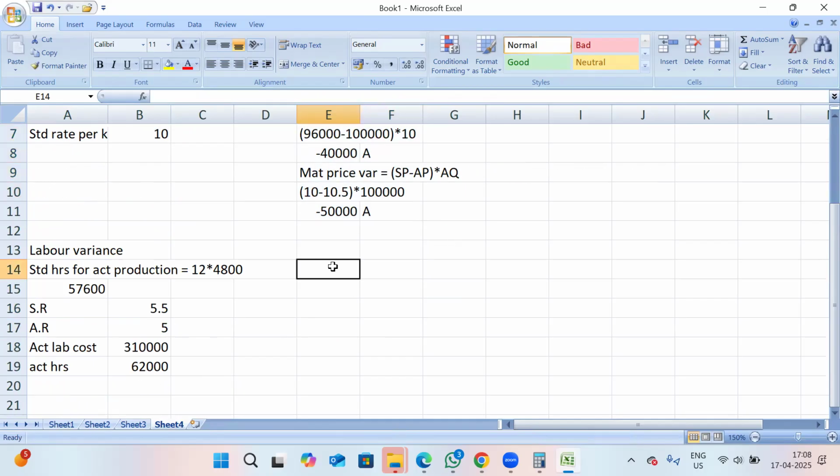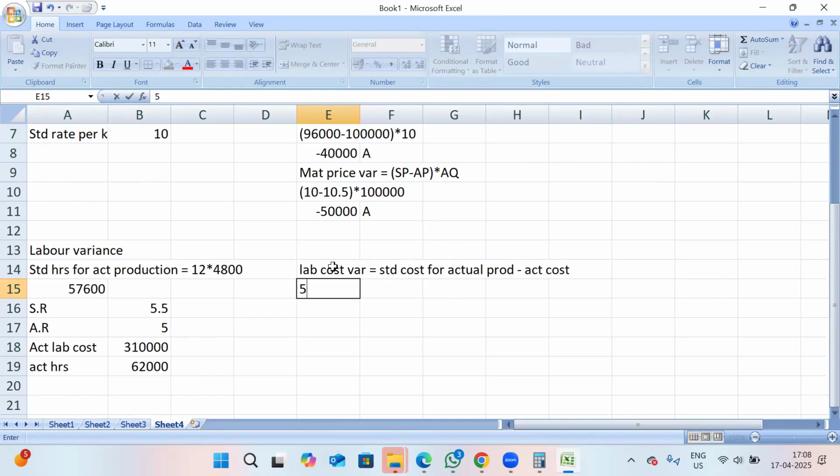So my labor cost variance is equal to my standard cost for actual production minus actual cost. What is my standard cost for actual production?